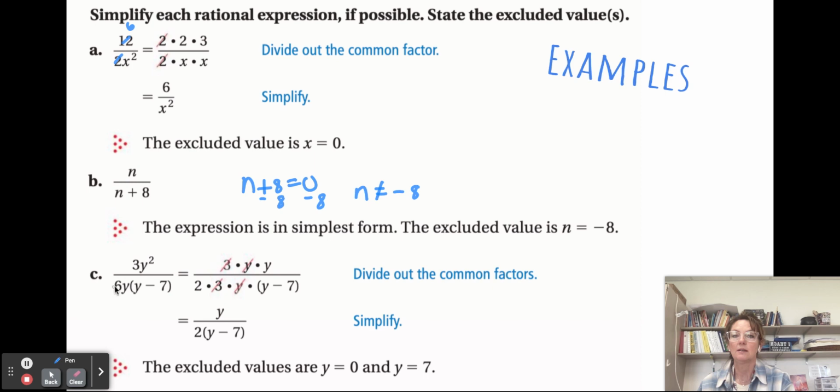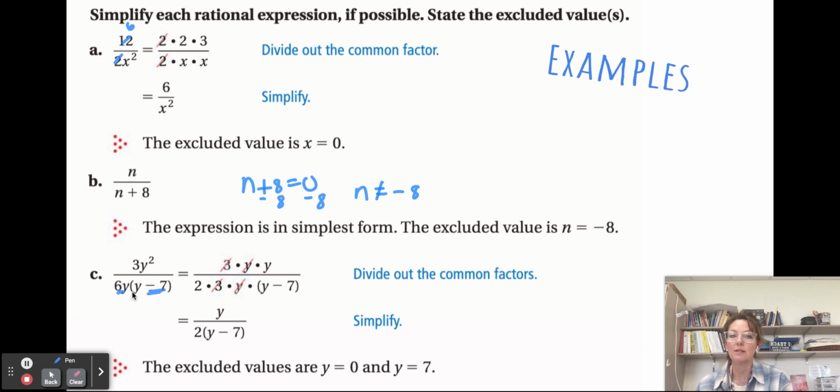Finally, here, again, it's already in factored form. The 3 and the 6, 1 and 2, and then this y and one of the 2 y's here. But this is an expression, and since there's no expression y minus 7 in the numerator, this has to stay in the denominator. When you go back and look at the excluded values, we have to look at the original first.